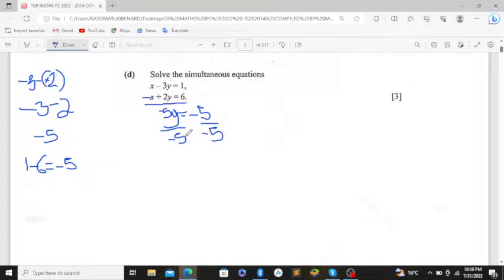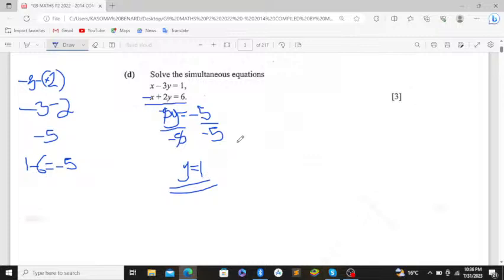Then this negative 5 and this negative 5 will cancel each other out, leaving us with y, which will be equal to, negative 5 divided by negative 5 will give us positive 1. So the value of y in these two equations is 1.